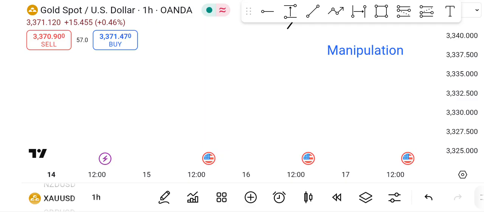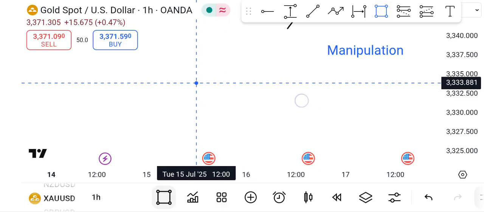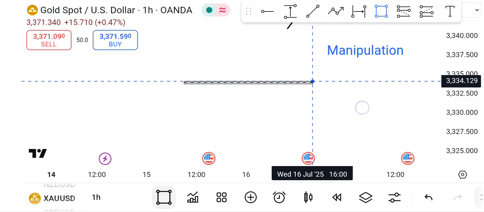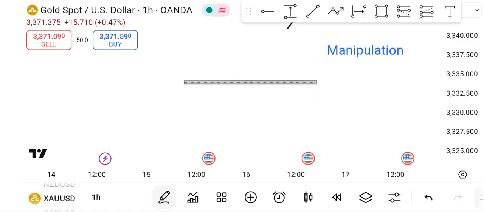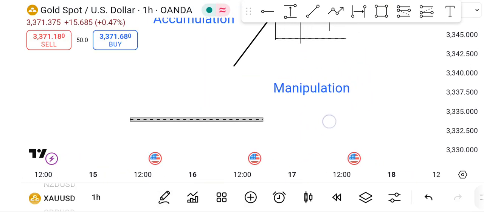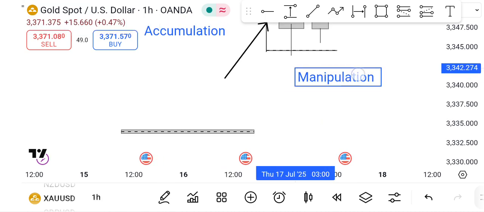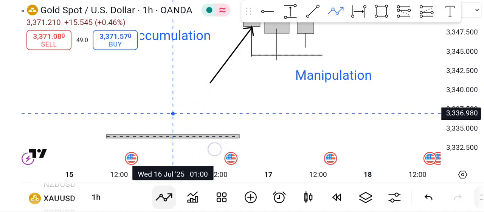A support is a point where buyers are willing to step in and push the price upward. So we had a level here, but the buyers keep on attempting that level and pushing up.